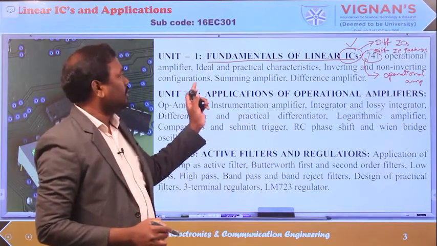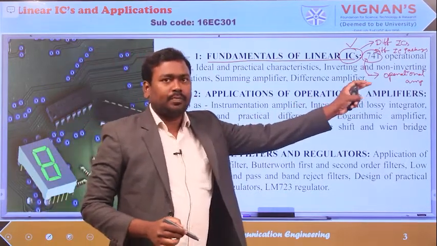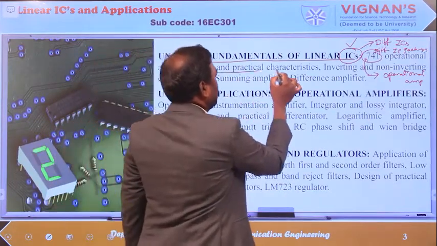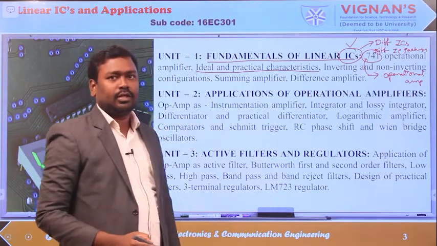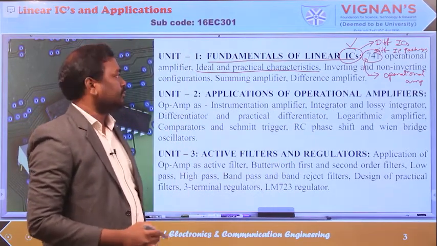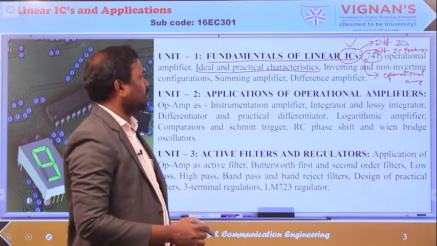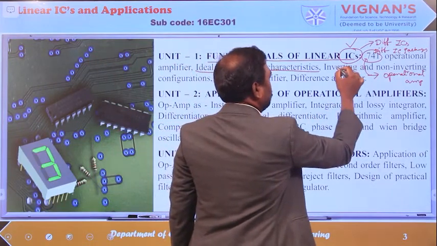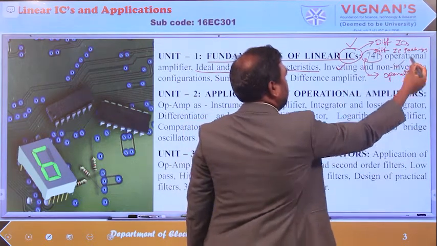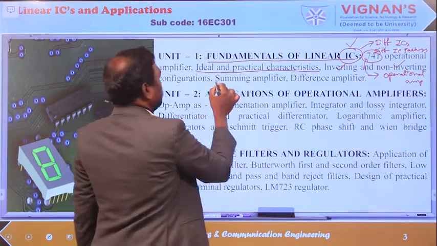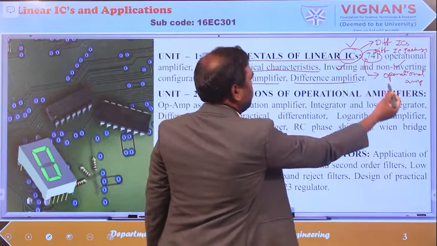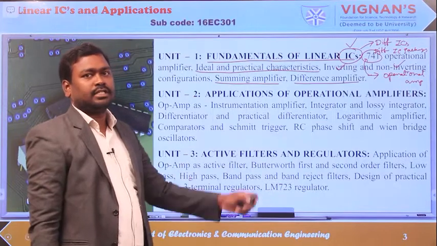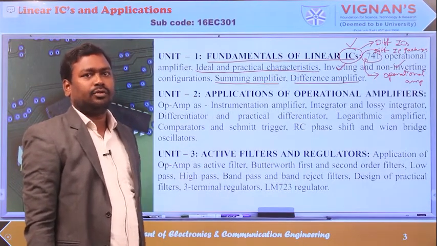So later, after introduction to the operational amplifier, we see ideal and practical characteristics of 741. So later we discuss a few applications of 741. Those are inverting, non-inverting, summing and difference amplifiers. These topics we discuss in unit 1.